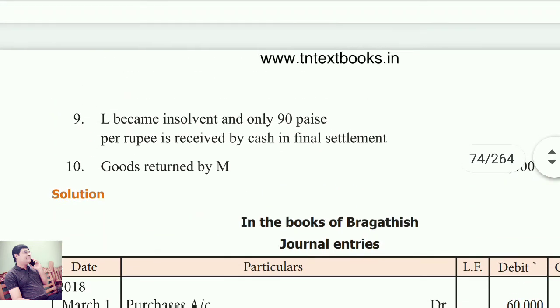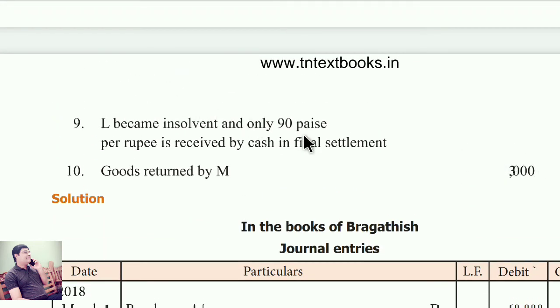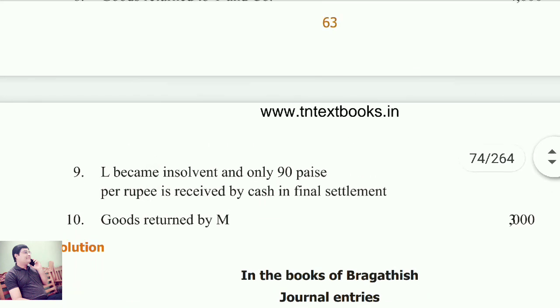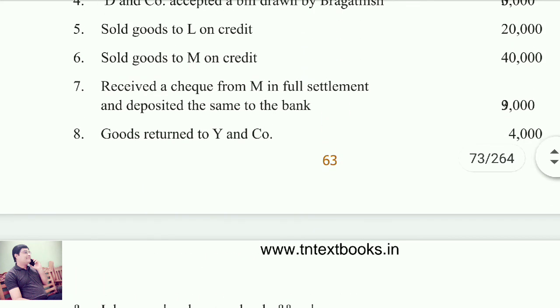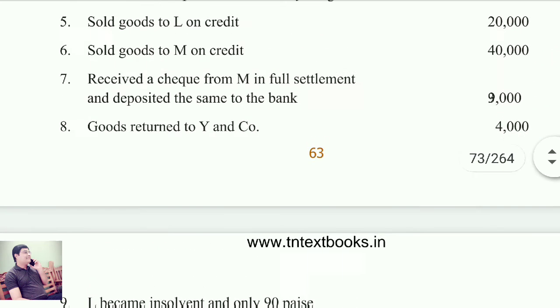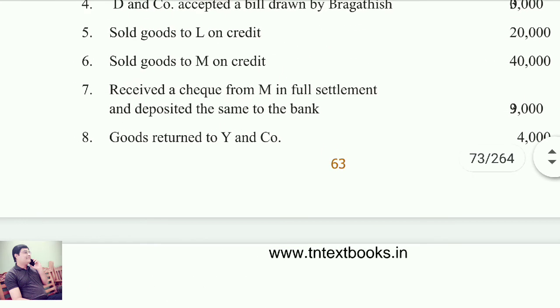So see the name of the company, L. Now see upstairs, where is L Company?